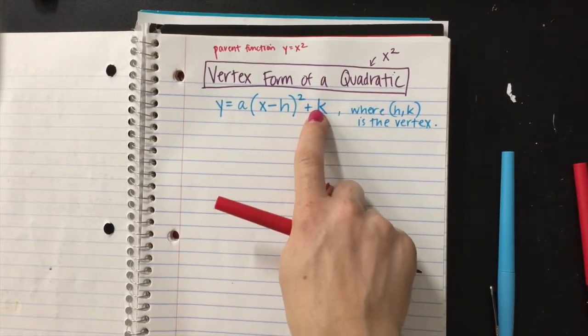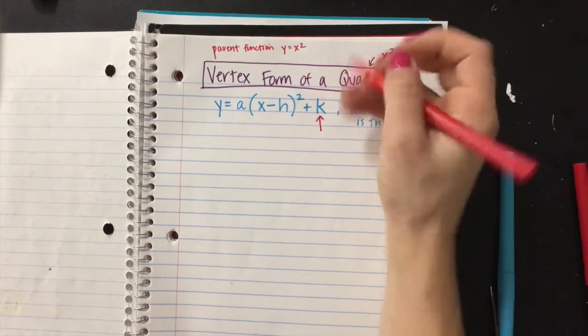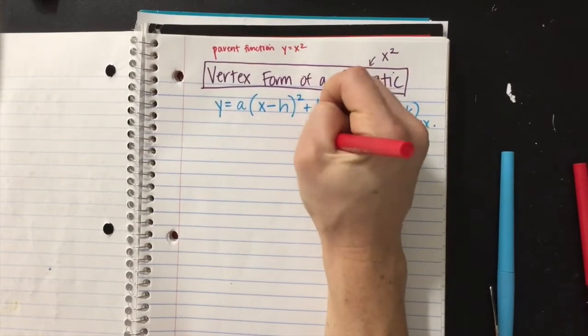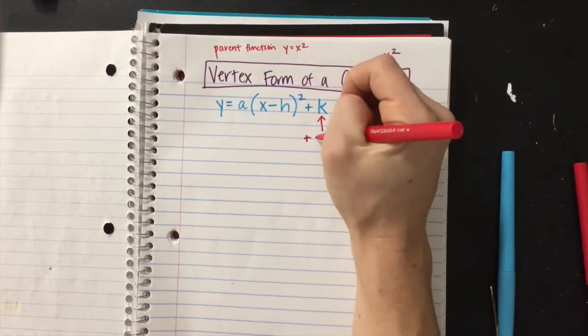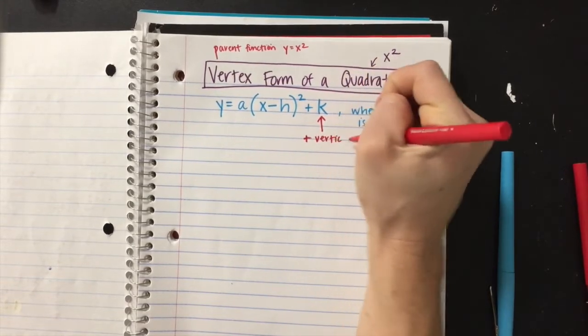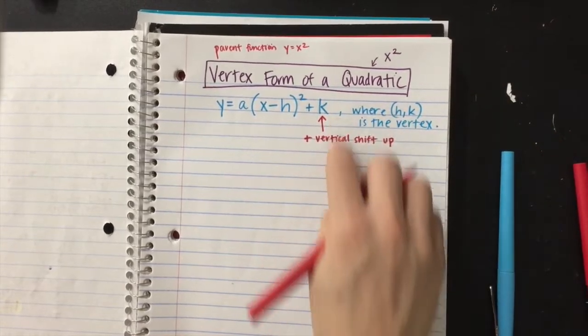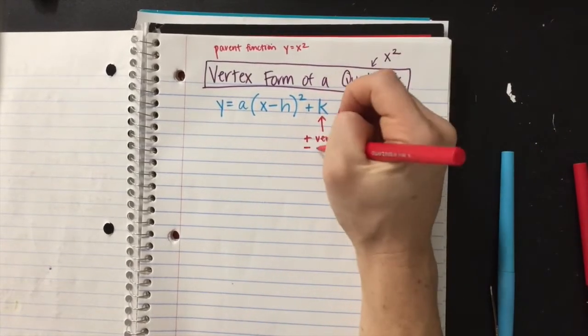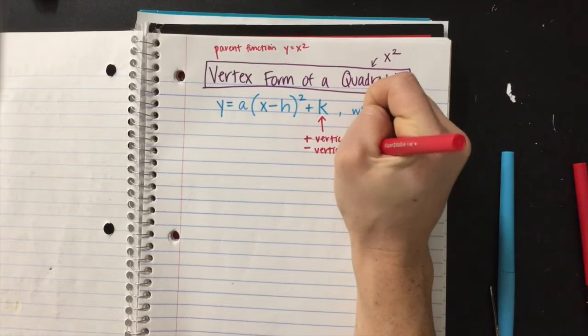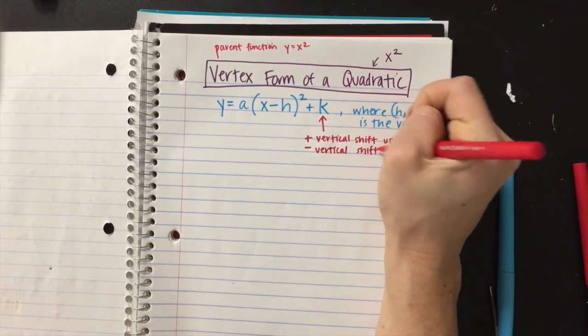So if this number k is positive, meaning like if this is a plus, we have a vertical shift up. Vertical just means up and down. And if it's a minus, we have a vertical shift down.